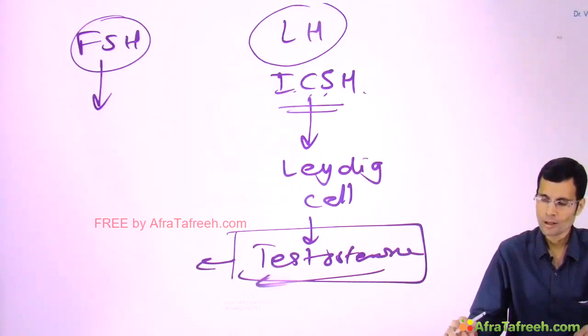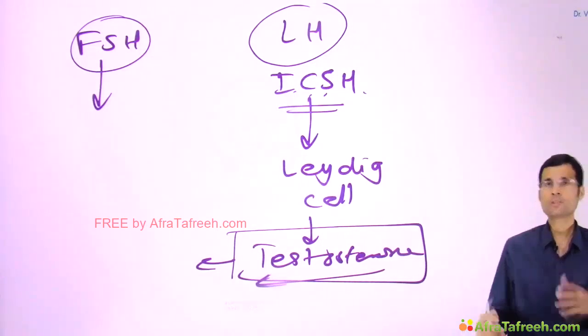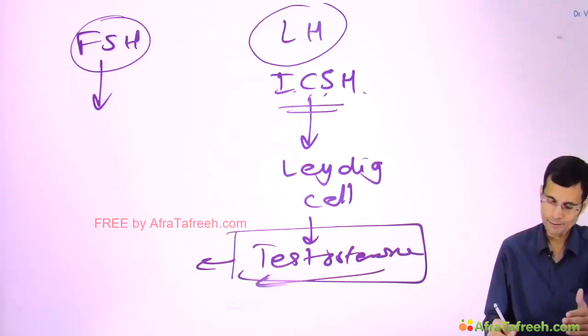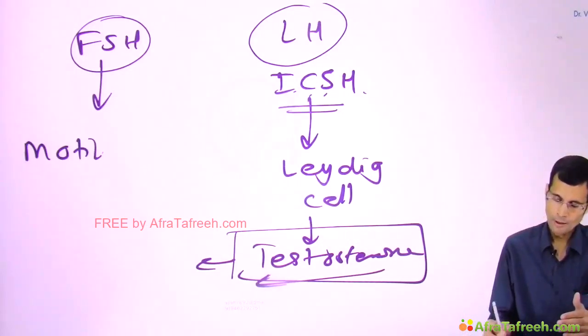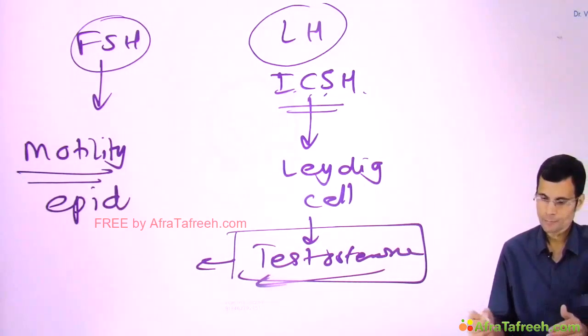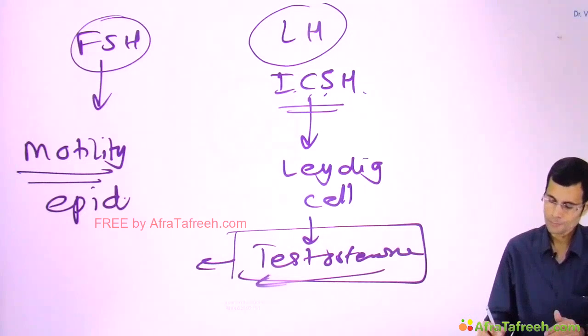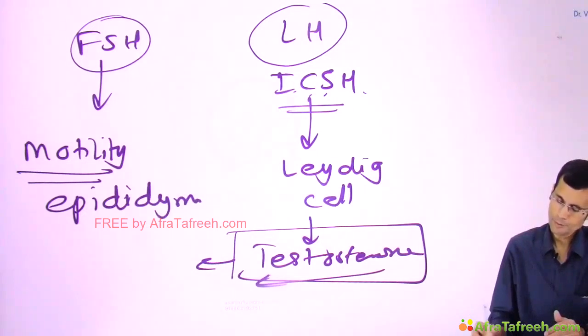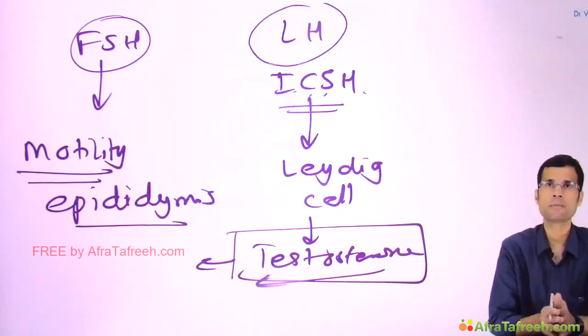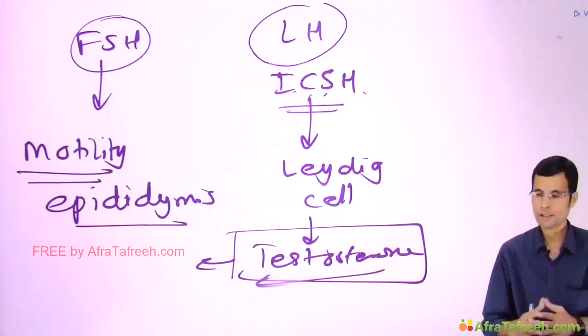Now, the mature sperm acquires motility in the epididymis, but not immediately. After staying for 48 hours in the epididymis, the sperm acquires motility.